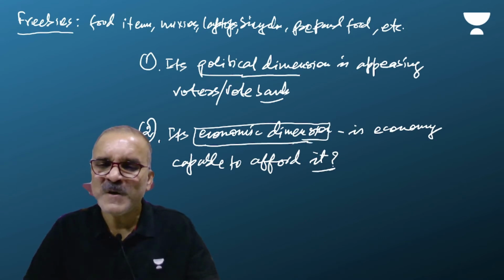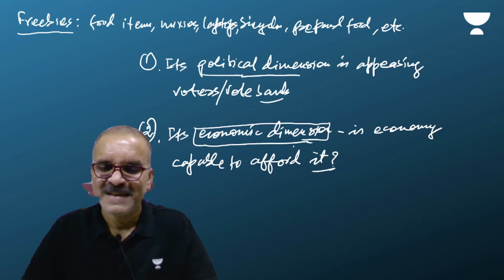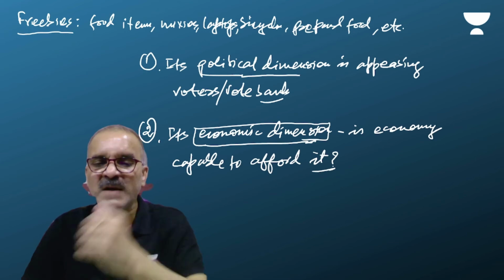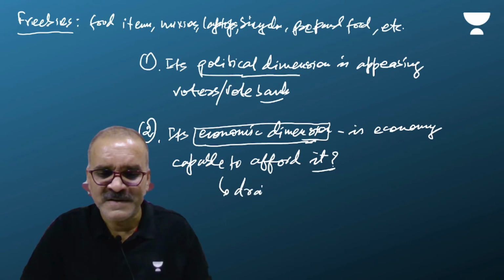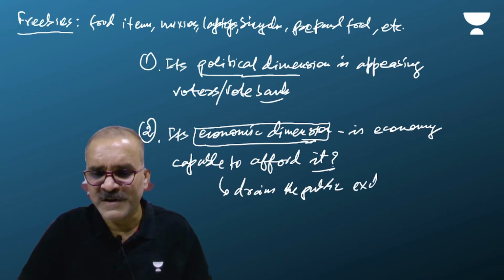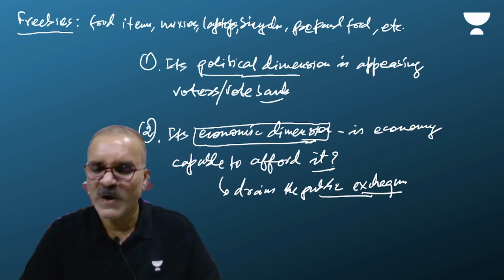Public opinion is distorted due to the dispersal of freebies. Had freebies not been there, voters might have voted for some other people and some other political party. So by offering freebies, political parties distort public opinion and come back to power. At the end of the day, it basically drains the public exchequer. Did you understand? Public exchequer means the fund of government is diluted and unnecessarily spent on unnecessary items.